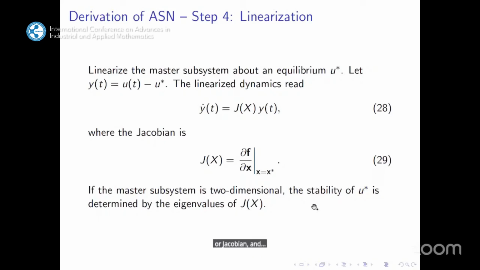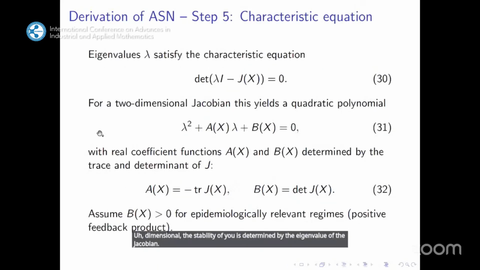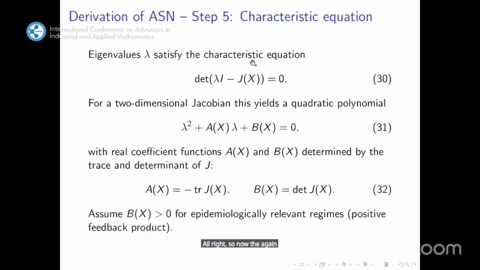And if the master system is two dimensional, the stability of u is determined by the eigenvalues of the Jacobian. All right, so now the eigenvalues satisfy this characteristic equation.